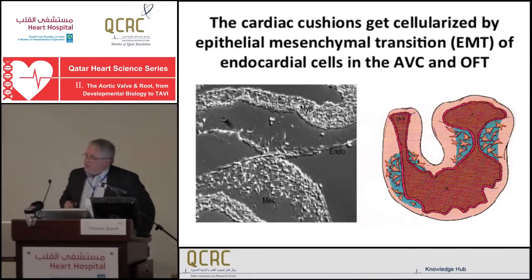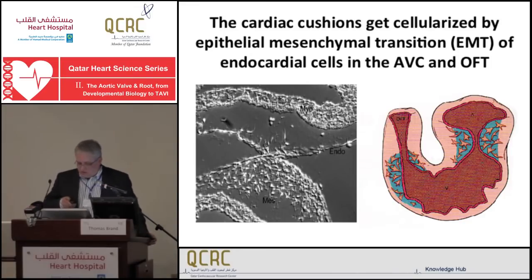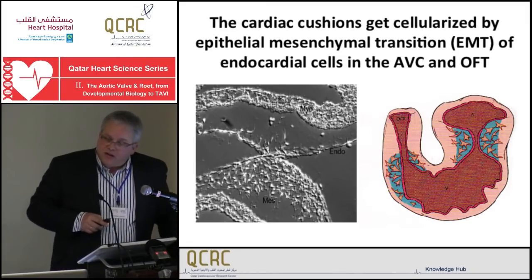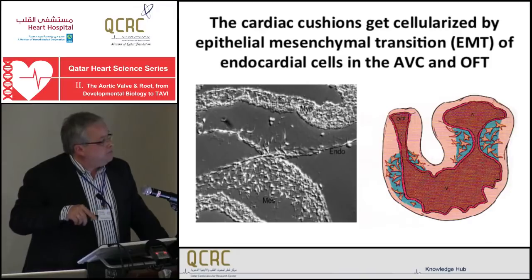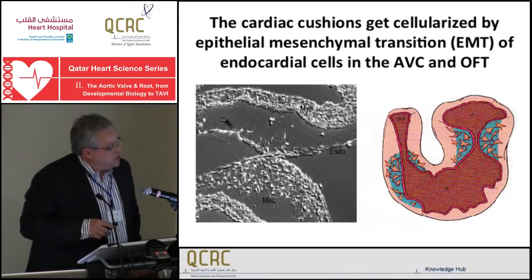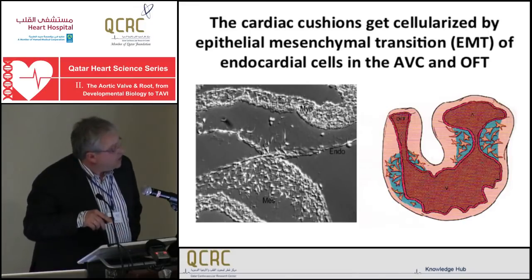So the next step is now that those cushions will be cellularized. So cells are migrating from the endocardium towards the myocardium. So they're migrating in and populating this initially cell-free room and generating then the true immature cushions.